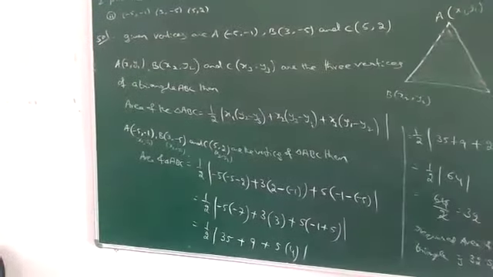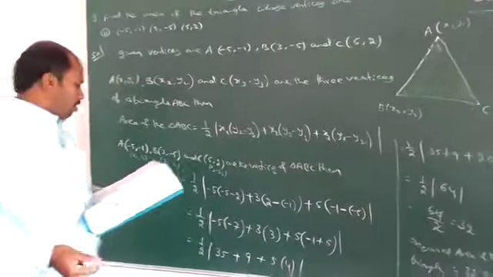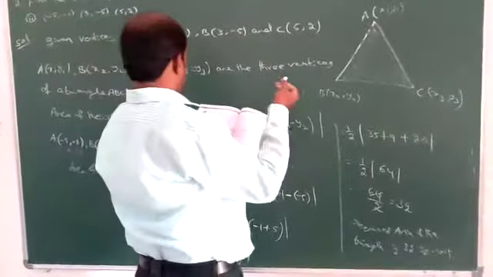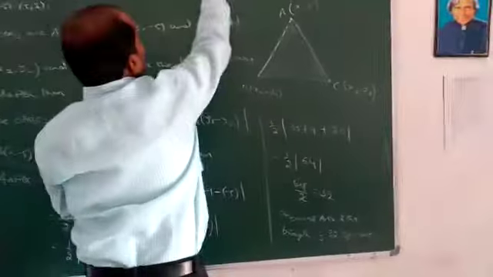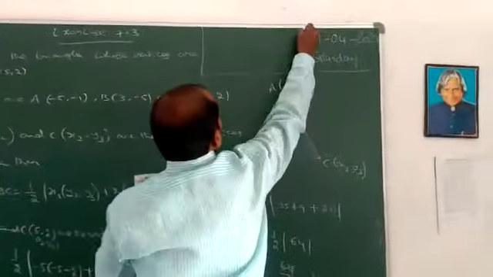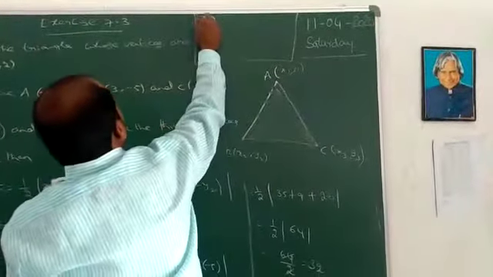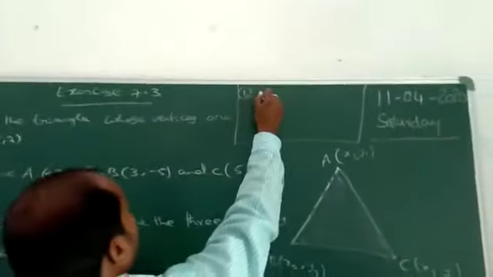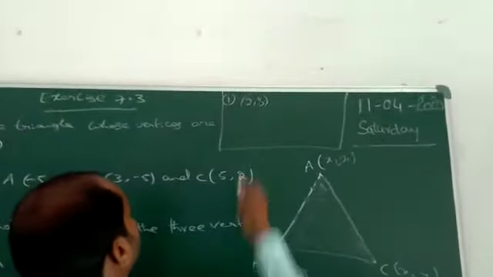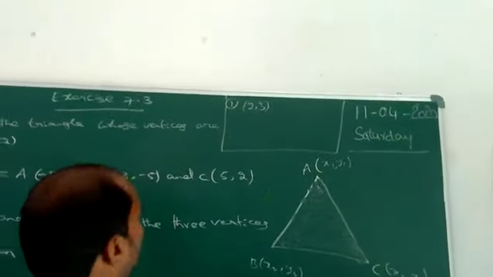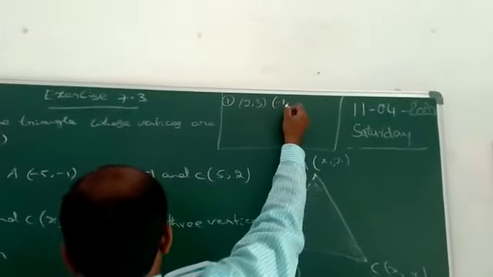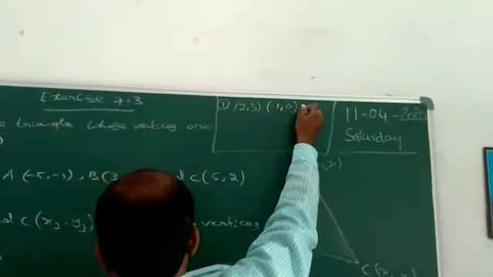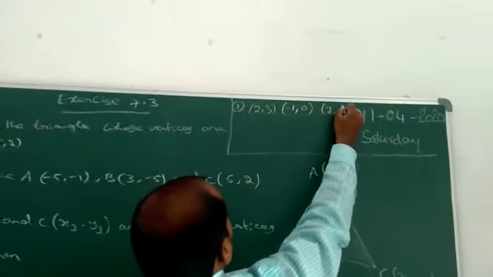So children, you practice the first bit and third bit as homework. Two bits. First one: 7.3 exercise, first problem, first bit: 2 comma 3, this is A, x1 y1 value, and B minus 1 comma 0, and C 2 comma minus 4.